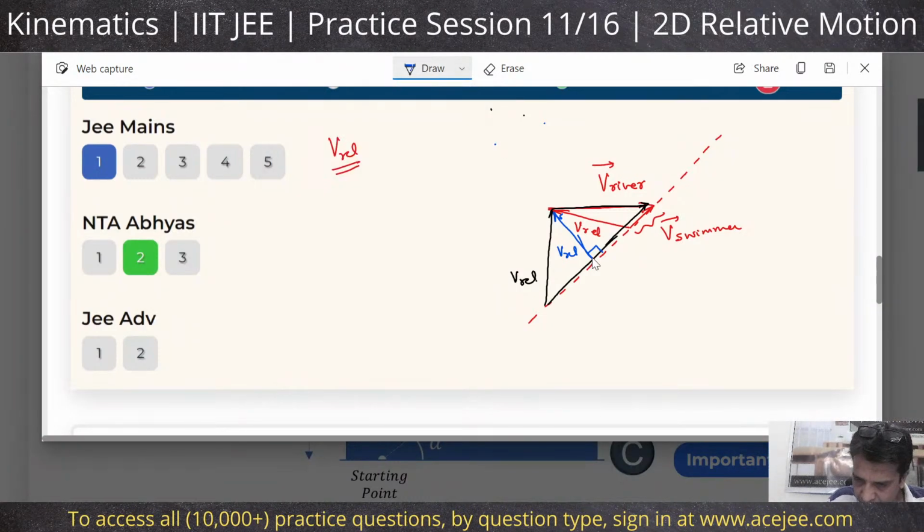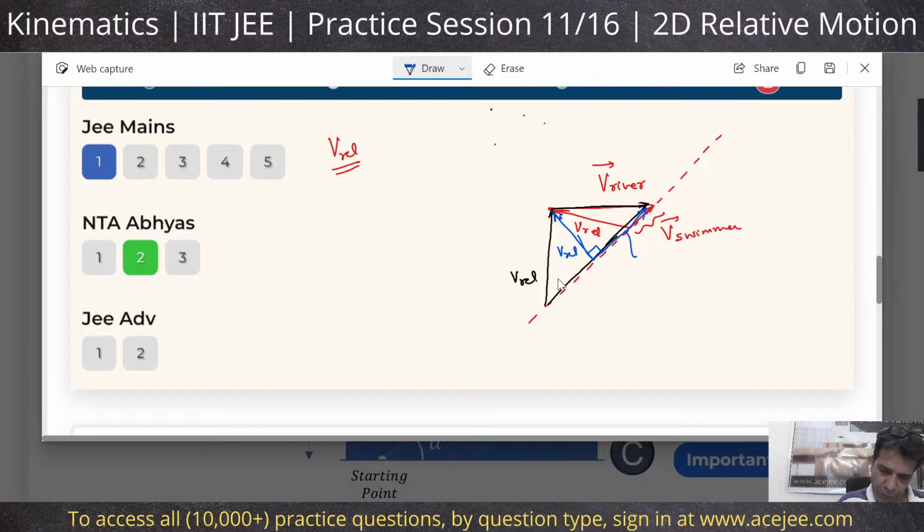Once again, if this is V relative, and this is V river, this is your net speed with respect to ground. Correct?